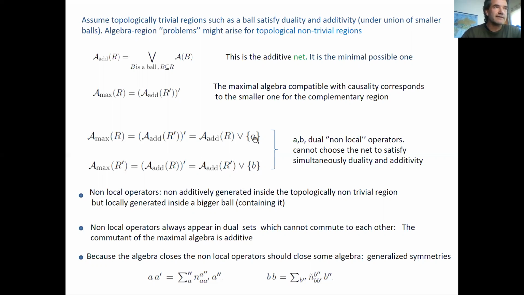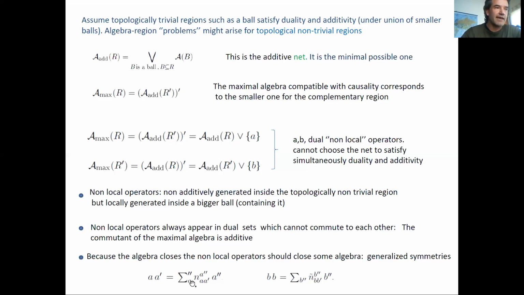Another consequence of these objects being algebras is that if you multiply operators here, the result has to be represented in the same algebra, inside the same algebra. It means that these non-local operators should satisfy some kind of fusion relations. The product of non-local operators will be combinations of these non-local operators, and the same for the complementary regions.